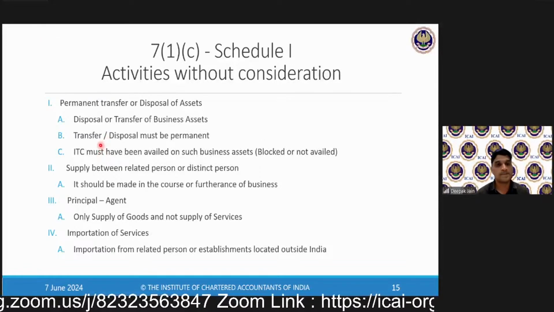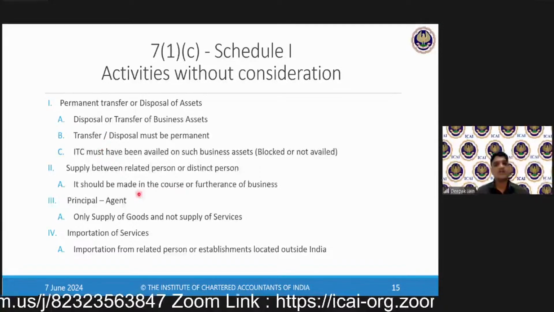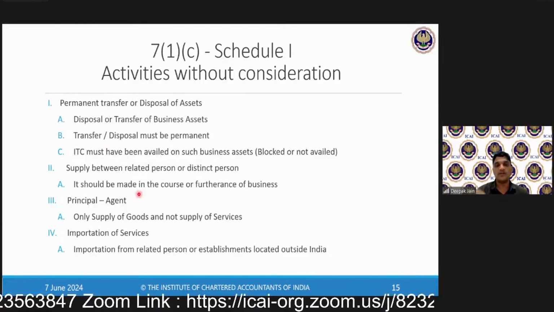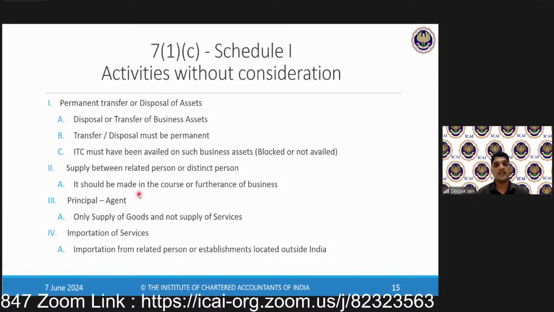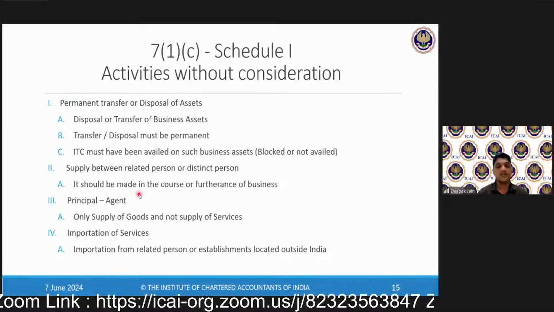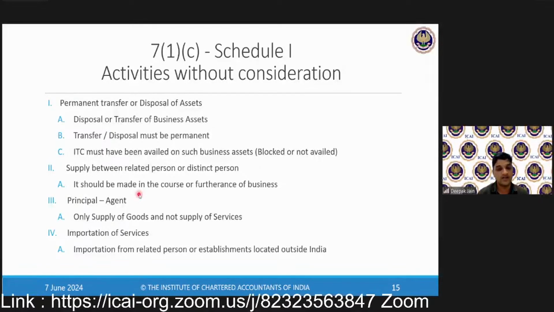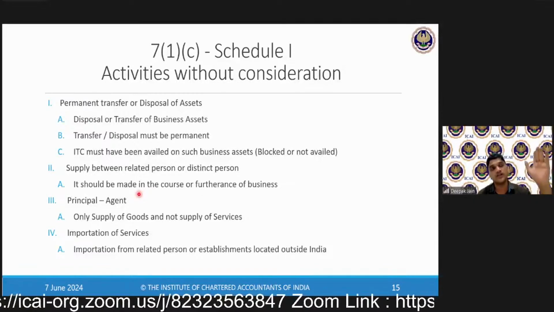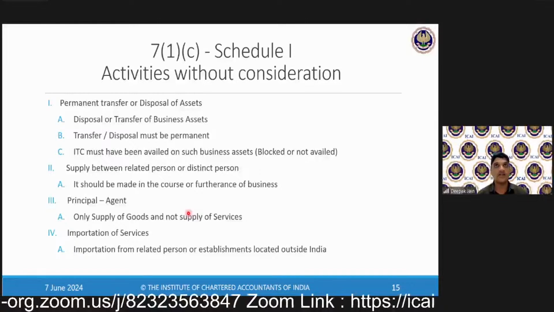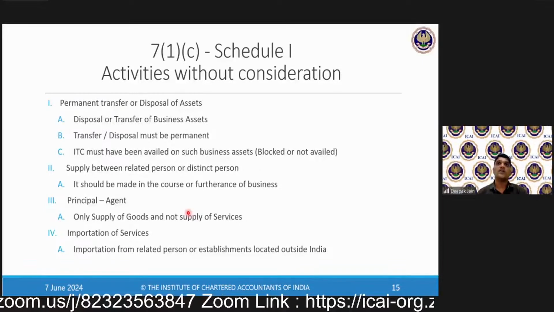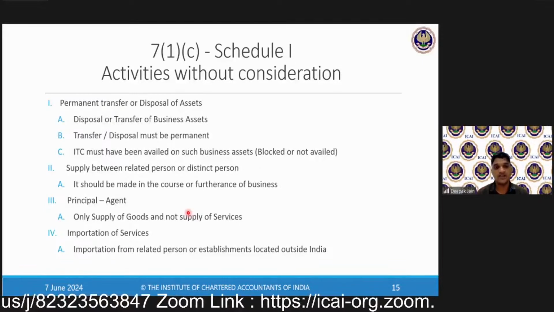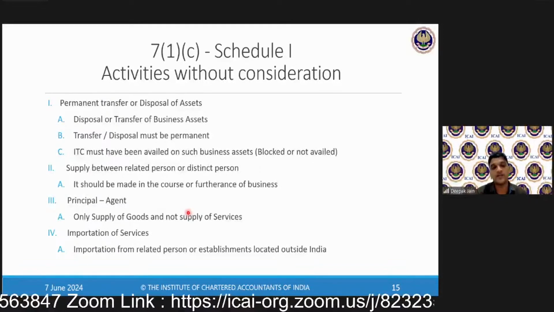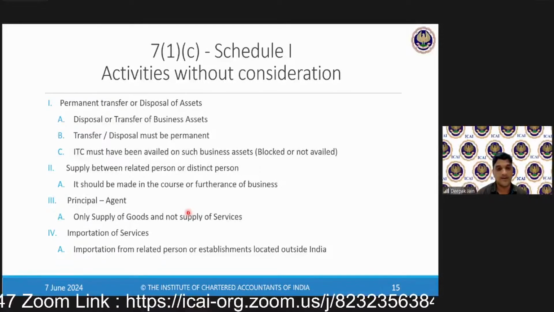So then the important aspect on importation we'll deal with, because there are various things which are covered under importation, right? So which is the thing which is relevant for us? We will understand that in a different slide, but understand that importation comes under 7(1)(c), that when you import, even without consideration it will be a supply when you are purchasing from a related person.